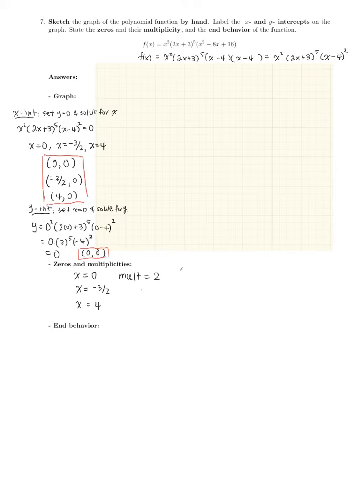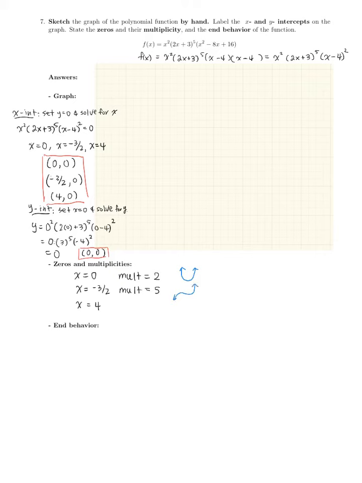Keep that in mind. Your graph is going to bounce back like this at x equals 0. Now let's go with x equals negative 3 over 2. We're looking at the factor (2x plus 3) to the 5th, so the multiplicity is 5. That means our function is going to behave like a 5th degree function, so it's going to look something like this.